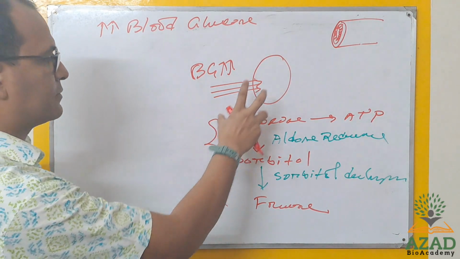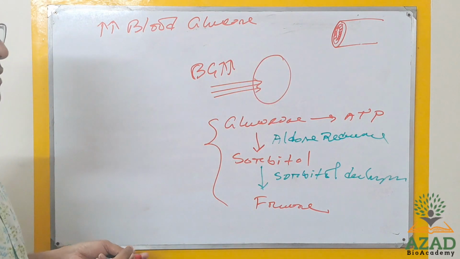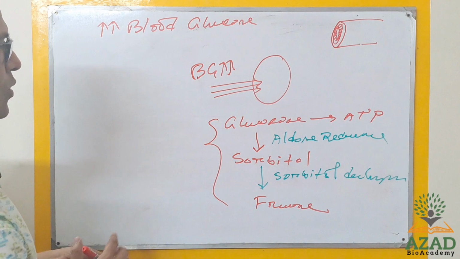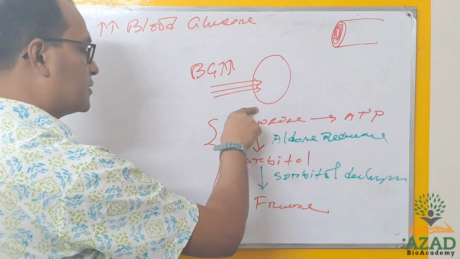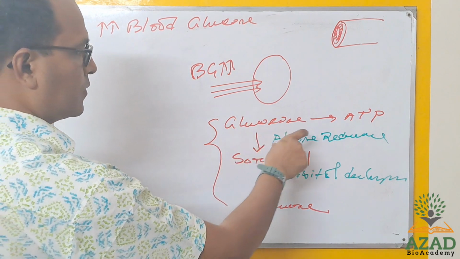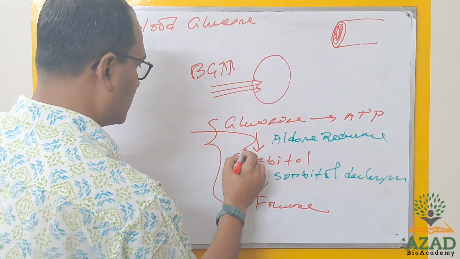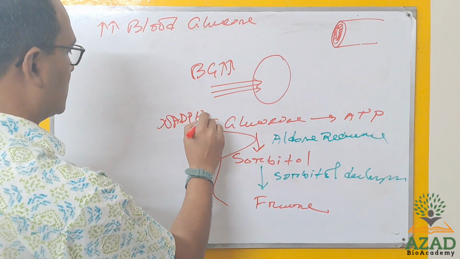But when more excess blood sugar enters, what will happen? That reaction will be excessive. Aldose reductase will make the sugar into sorbitol, and here one coenzyme is used, that is NADPH.